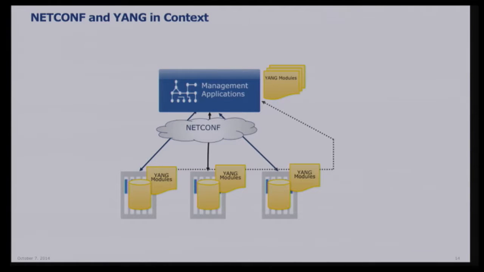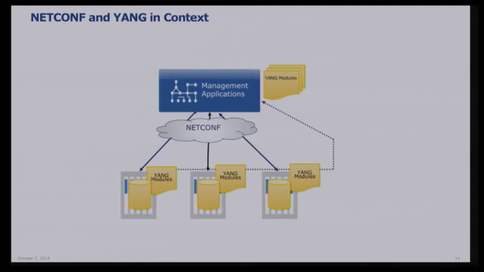So putting this all in context, this is what it looks like. You have the distributed domain. You have network elements. They hopefully implement Yang modules. They expose a NetConf interface. Then you have management applications, and this ranges from very small things like scripts and Python libraries, all the way up to full-blown network service orchestration or configuration management systems that are aware of the models implemented by these devices.